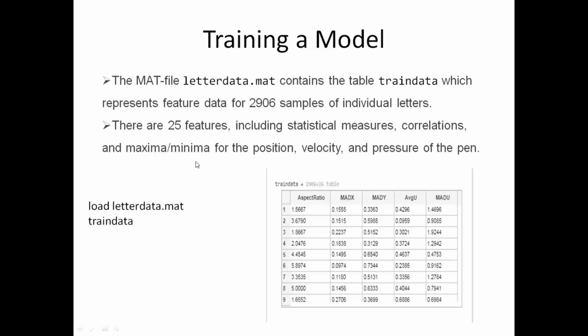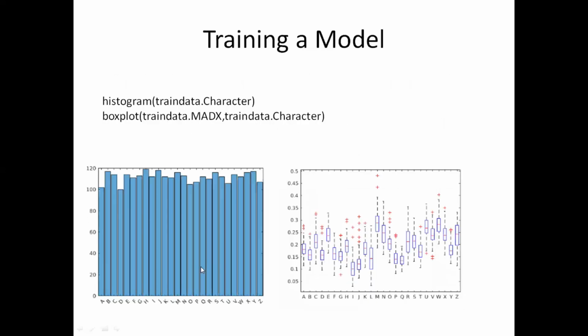Apart from that, a few more features are there, like velocity, the pressure of the pen, etc. So we have 25 features that we are going to use for developing this model, and there are 2906 data sets. That means we have extracted the data for 2906 samples of individual letters. We will see how we are developing the model.